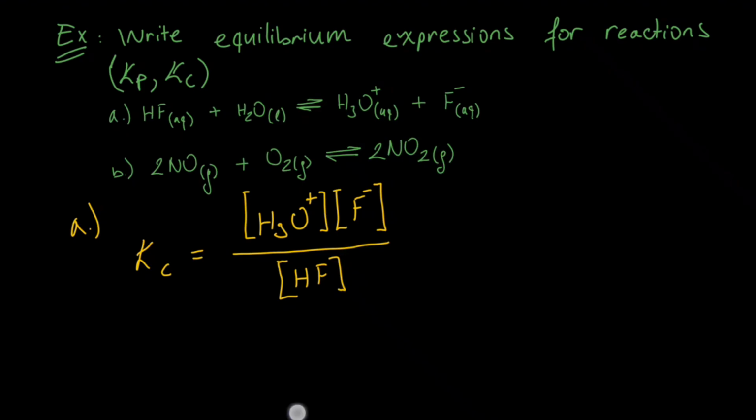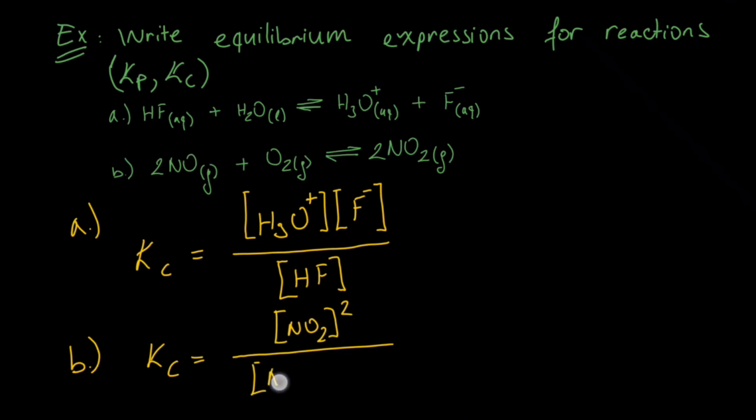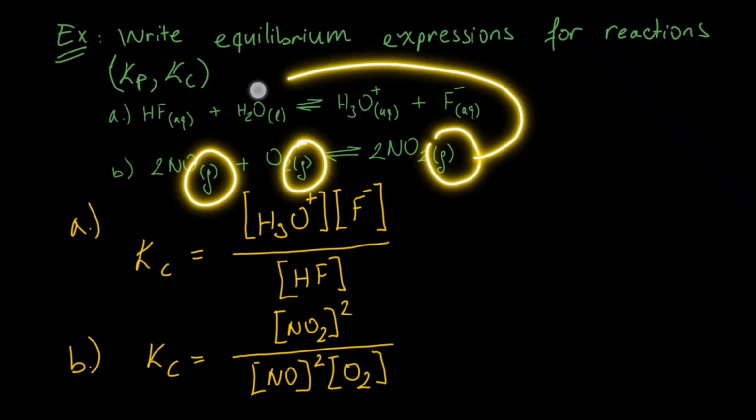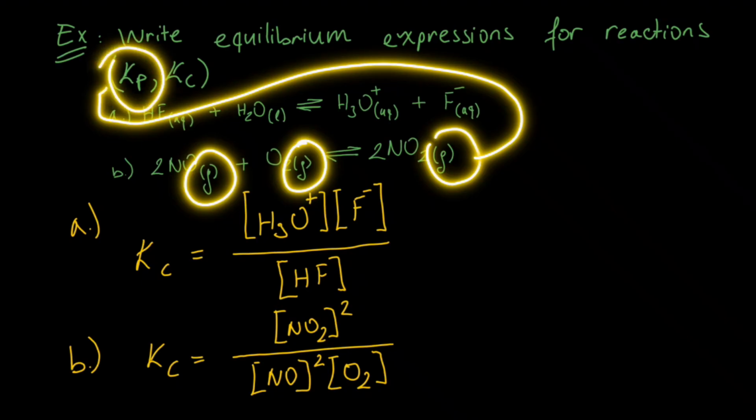And a similar thing can be done for B. So for B, I want to write the Kc: NO2 gas squared over NO squared times oxygen. As you see, all of them are in the gas phase, therefore I can write Kp for this reaction.